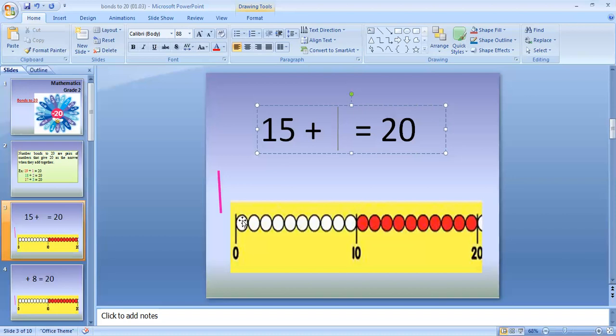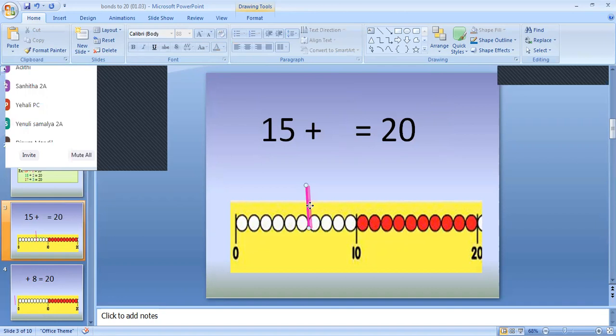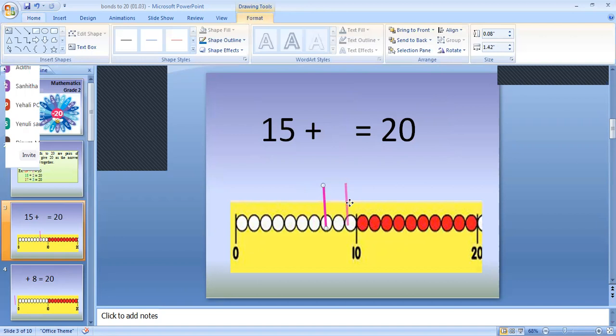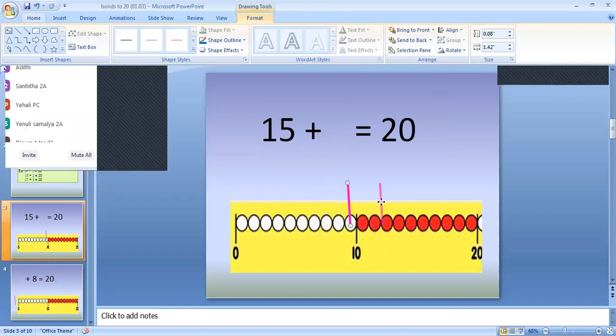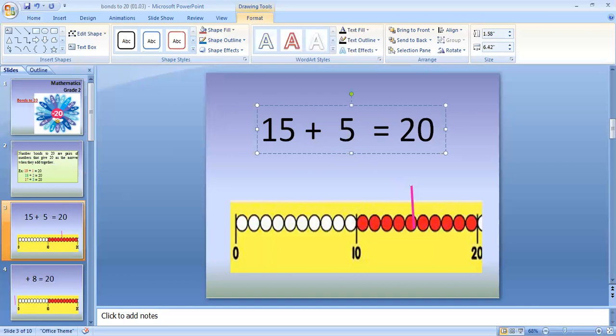Let's count and mark, right? 1, 2, 3, 4, 5, 6, 7, 8, 9, 10, 11, 12, 13, 14 and this is the 15th bead. Now it is easy to find the missing number. Let's count the remaining beads. 1, 2, 3, 4, 5. The answer is 5.